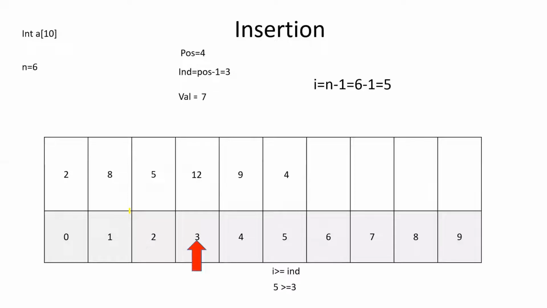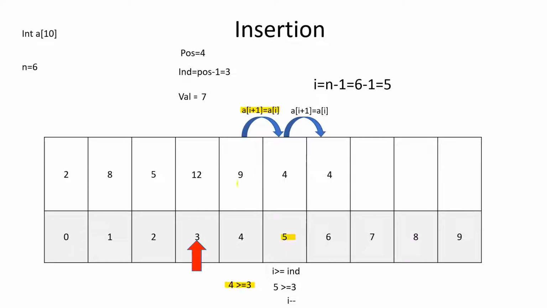So we have reached up to here, right? We copied like this and again decremented I, and then we are again checking whether 4 is greater than or equal to 3. 4 is greater. So what will you do? You have to do the same step again, that is a of I is copied to a of I plus 1. The current value of I is 4, so I plus 1 is 5.